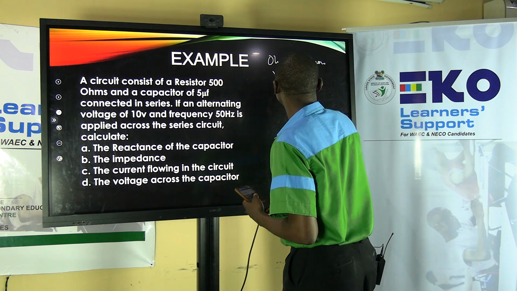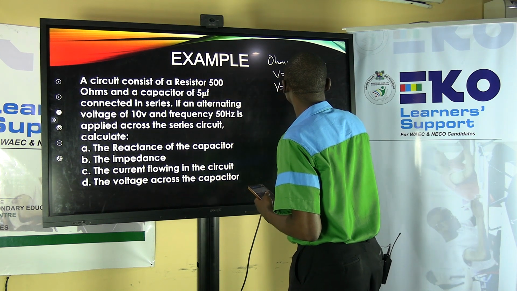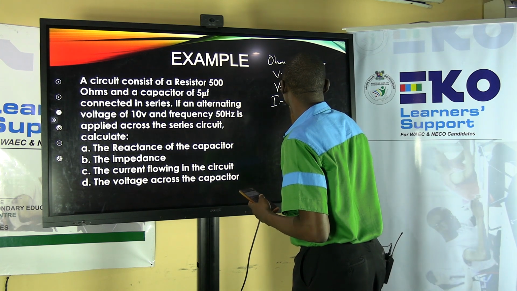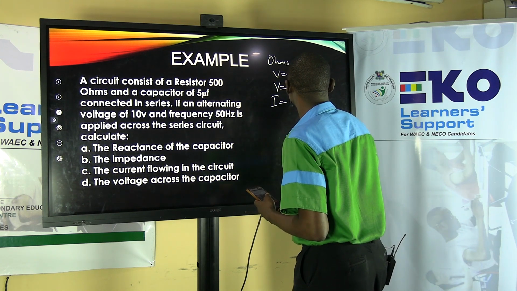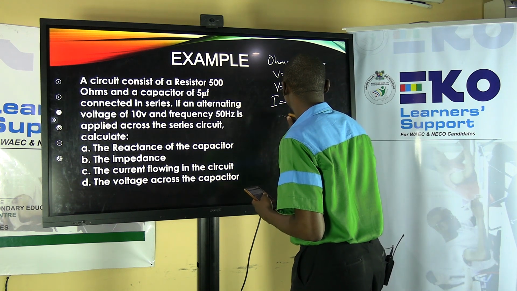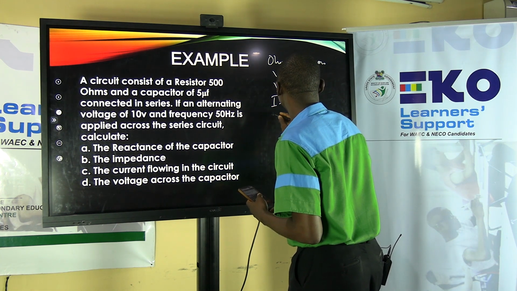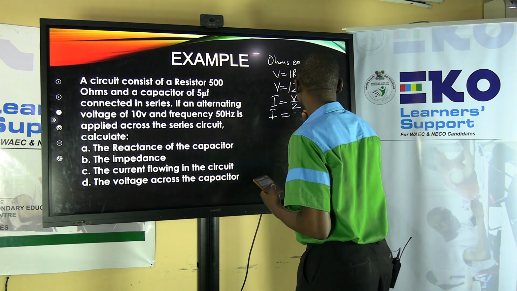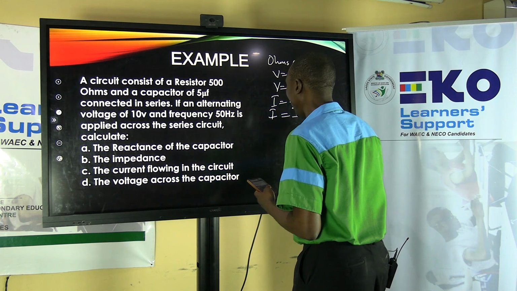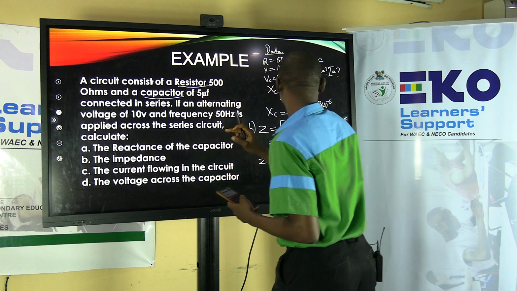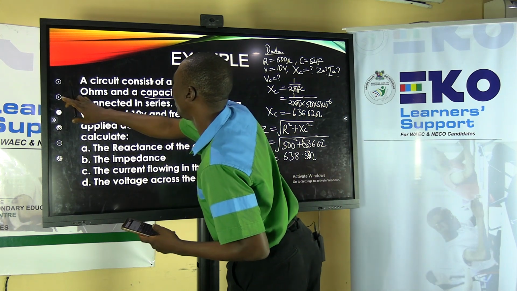So V equals I times impedance. So current will be V over impedance. Our voltage given is 10, so 10 divided by 638.58.